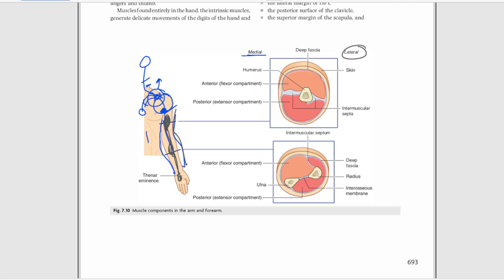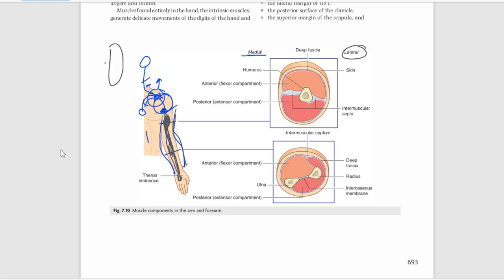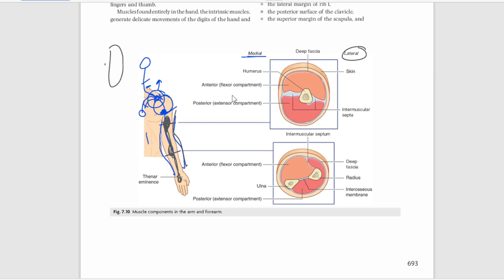So you have to understand this thing: the extensor muscle and the flexor muscle. This is the flexor muscle, and behind it is the extensor muscle. Now, this is the humerus bone.